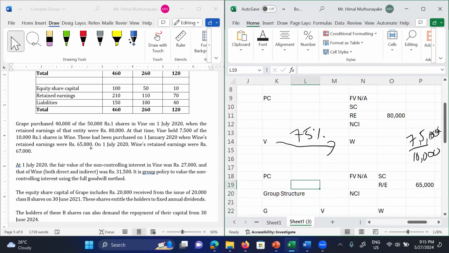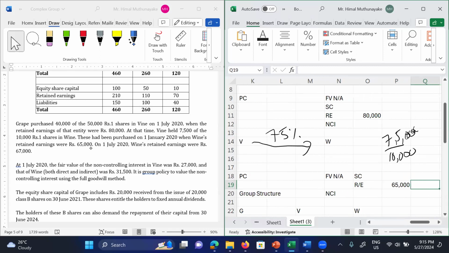So which retained earnings should we take? The retained earnings where the group structure becomes effective, right? The date we need to take as the effective date for the complex group is the date where the group effectively becomes a group.